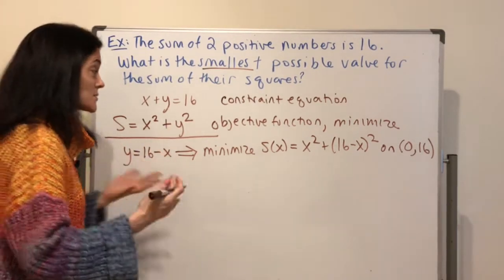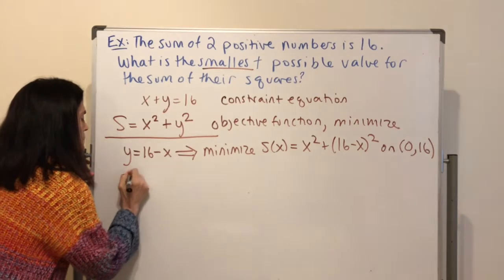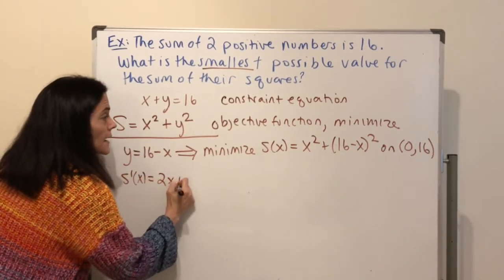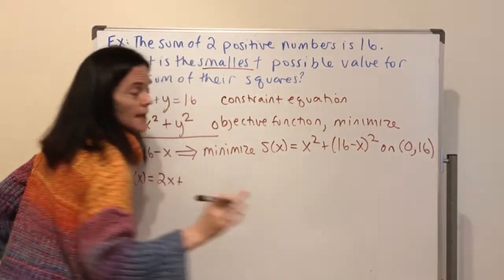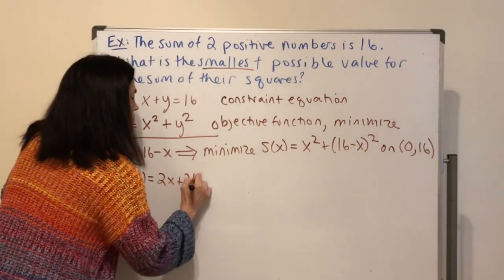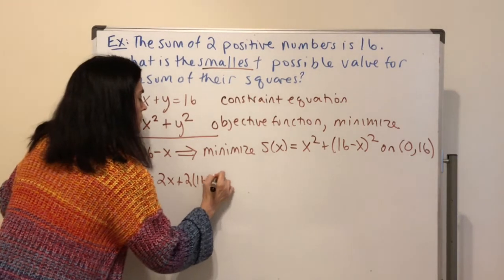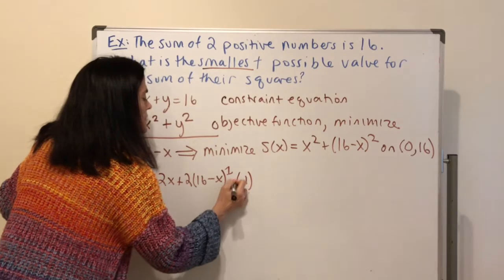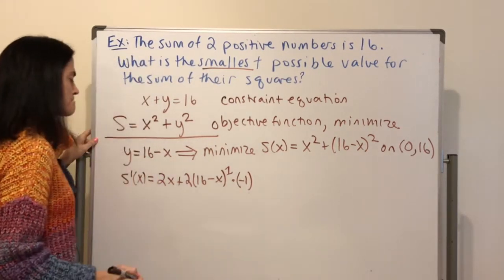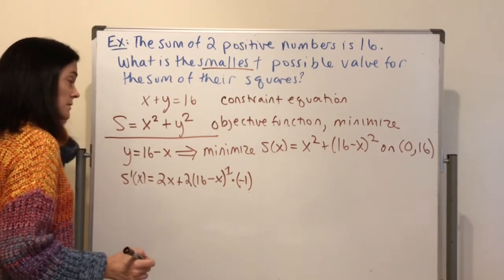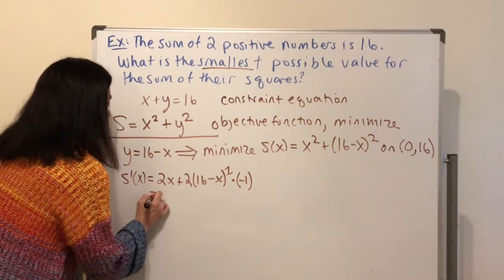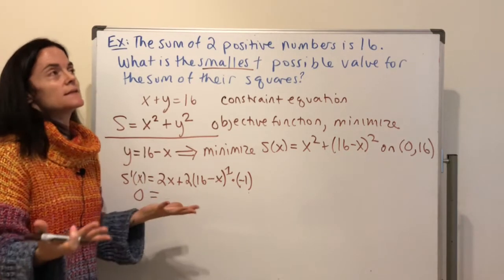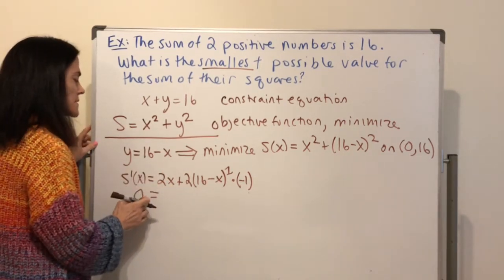This involves the derivative. So s prime of x equals, well, we have 2x, and then technically this is a chain rule part. We have 2 to the 1, and then times the derivative of the inside function, okay? Now we can simplify this sum. Maybe I will simplify this as I set it equal to 0, because these are the critical points where the derivative is 0.